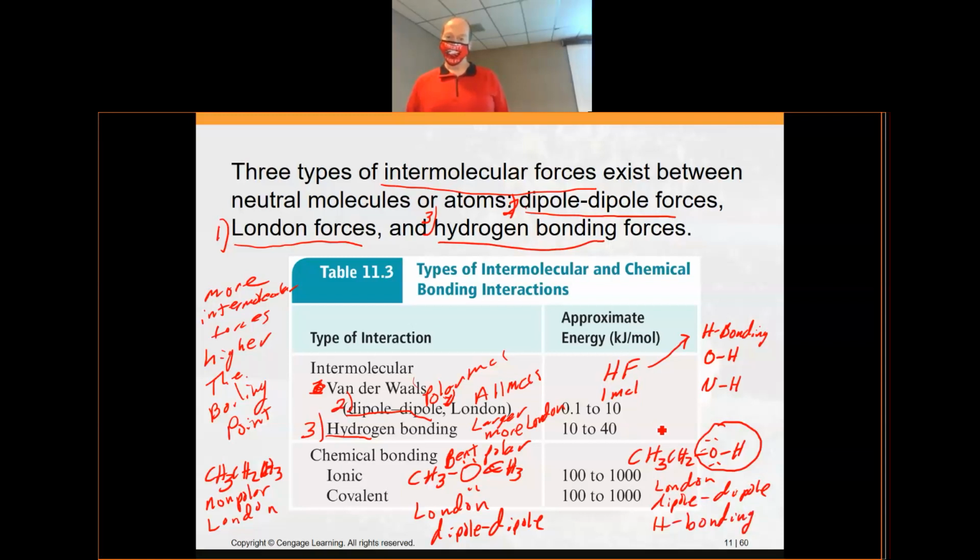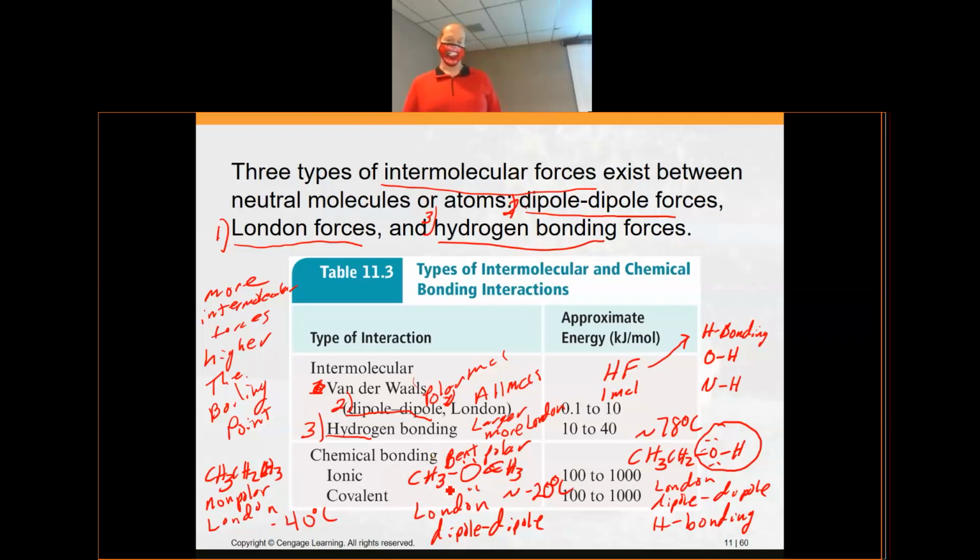And the boiling point here is about 78 degrees Celsius. The boiling point here is about minus 20 degrees Celsius. And the boiling point here, I don't even know, minus 40, I'm guessing. All right. And so you have only London forces. You're going to have a very low boiling point, minus 40 degrees Celsius.